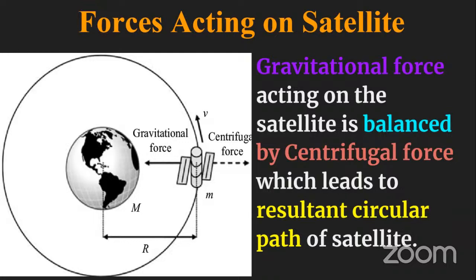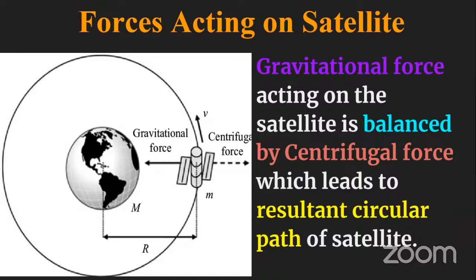At the same time, we'll try to understand what forces are acting on this particular satellite, or any of the natural moons or artificial moons, or all the planets in the solar system, which are all revolving in circular or elliptical orbits. We'll try to understand why that is also.